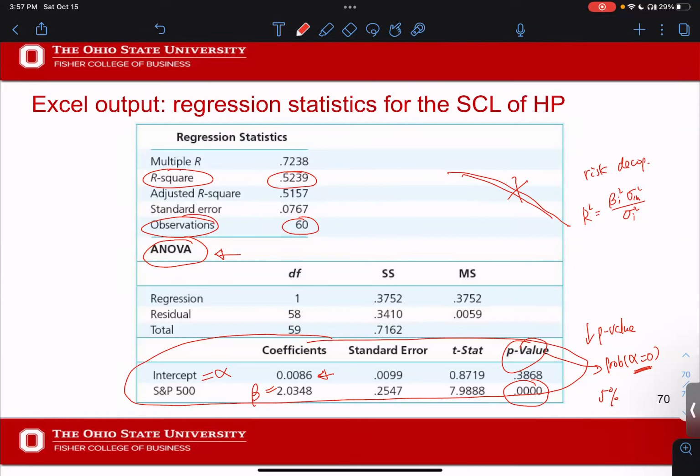It's much further from 0, so the p-value is really low. But here, because the p-value for alpha is around 40%, it's very high compared to the 5% threshold. So statistically, we cannot say alpha is non-zero; it's very likely alpha equals 0.